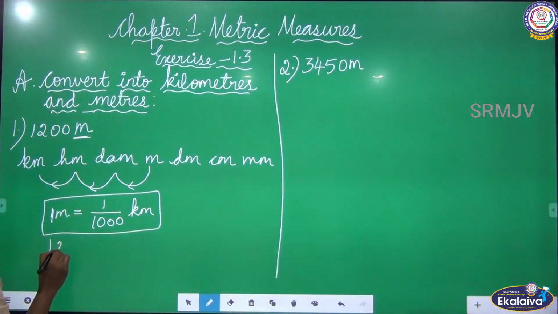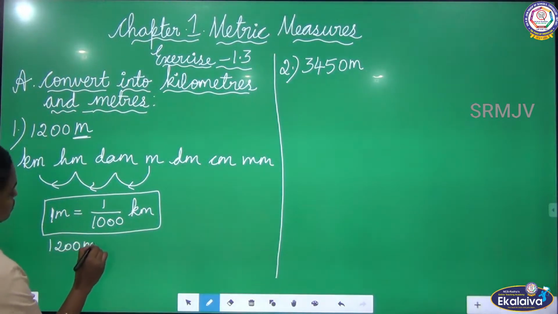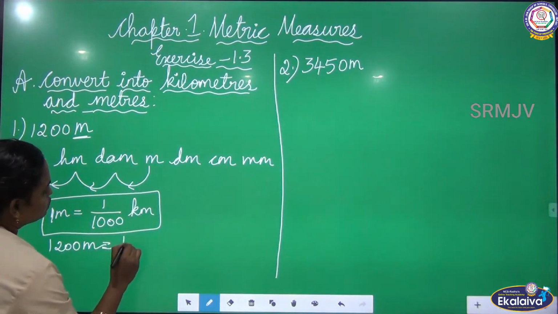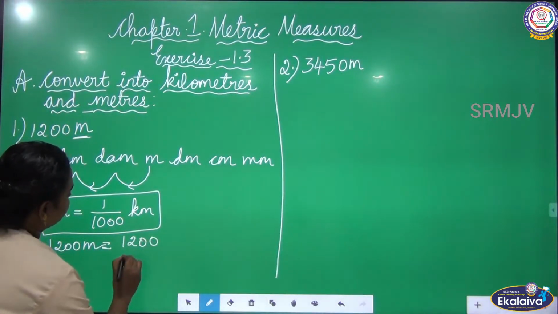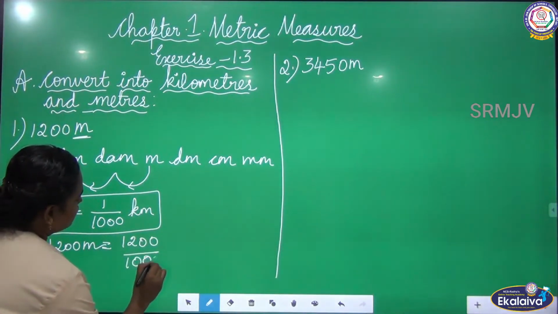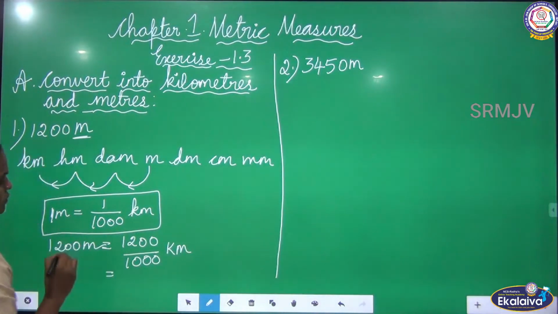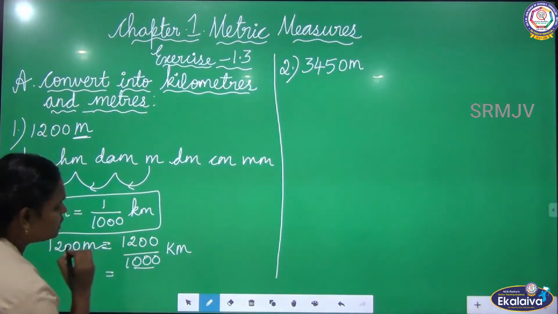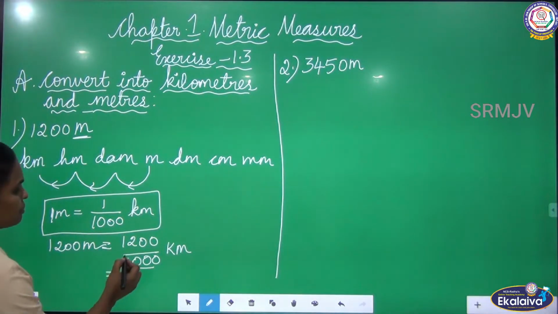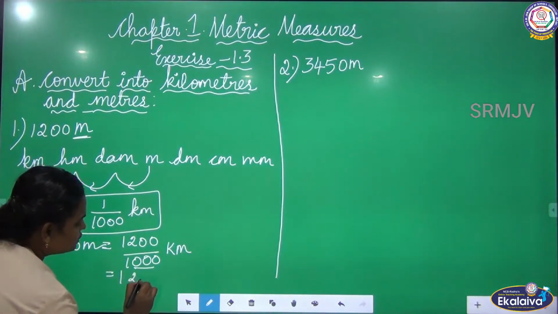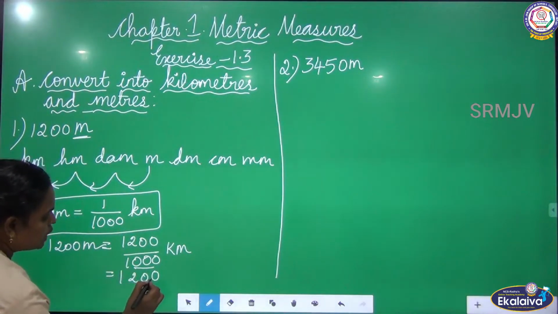So 1200 meter equals 1200 divided by 1000 kilometer. Listen children, how many zeros are there in the denominator? 3 zeros. So from the back you leave 3 digits, 1, 2, 3.